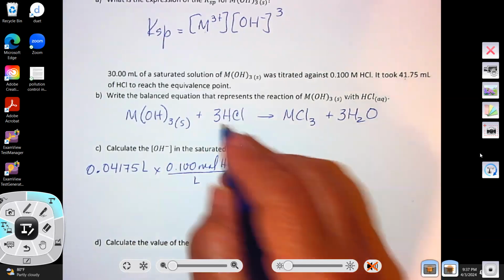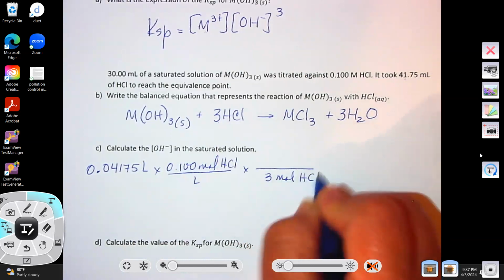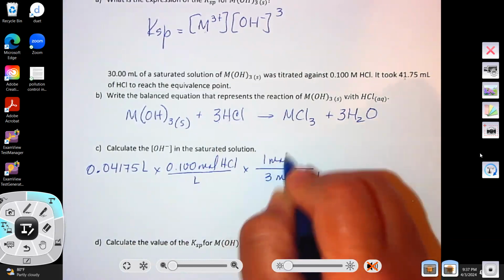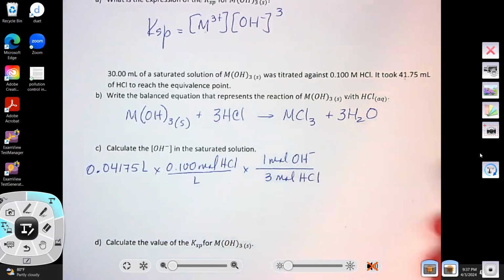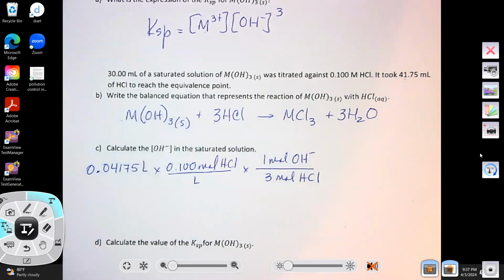So it's going to be 3 in the denominator, and then 1 mole of OH in the numerator, because it's a 1-to-3 ratio.